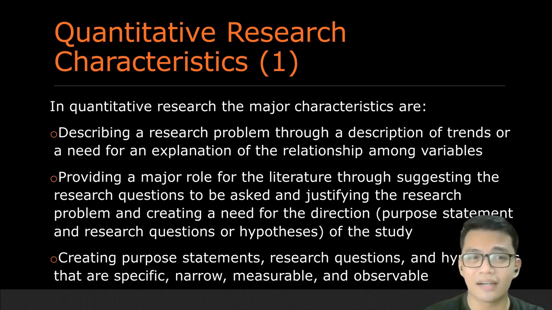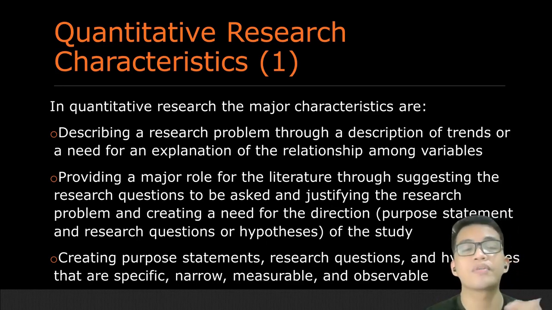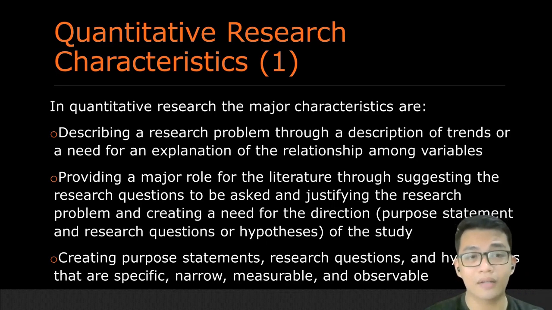So first is that in quantitative research, we are about describing trends and explaining relationships among variables. Second point about quantitative research characteristics is that the RRL has a major role in directing your purpose of doing the study and justifying the research problem. Why?